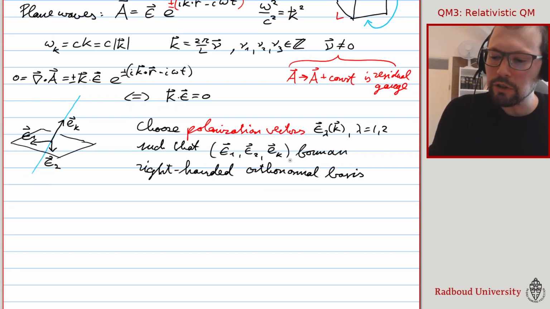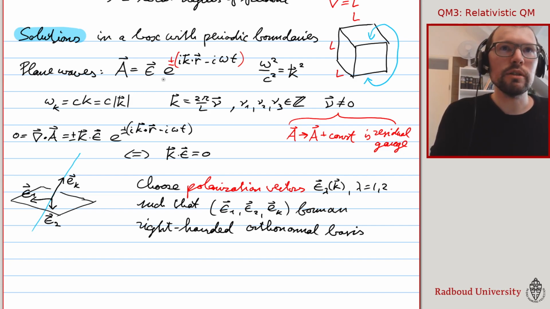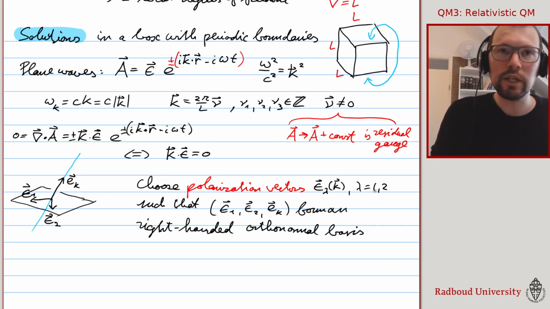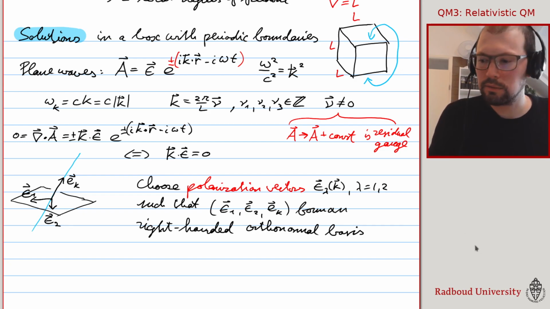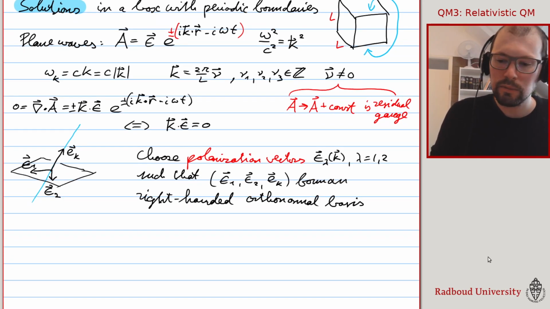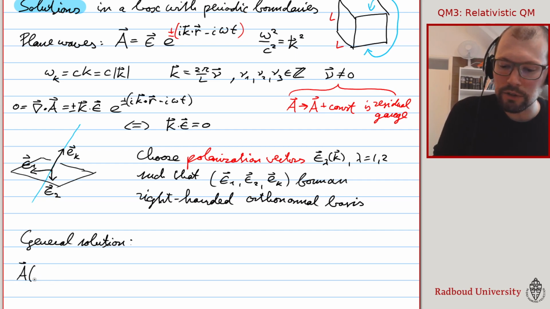Okay, so as soon as we've chosen these polarization vectors, we now have an explicit basis of plane waves. I have to choose my k, a plus or a minus, and a lambda equal to 1 or 2. So to get the most general solution, I just have to add these all up. So the general solution is now given by the following large expression.